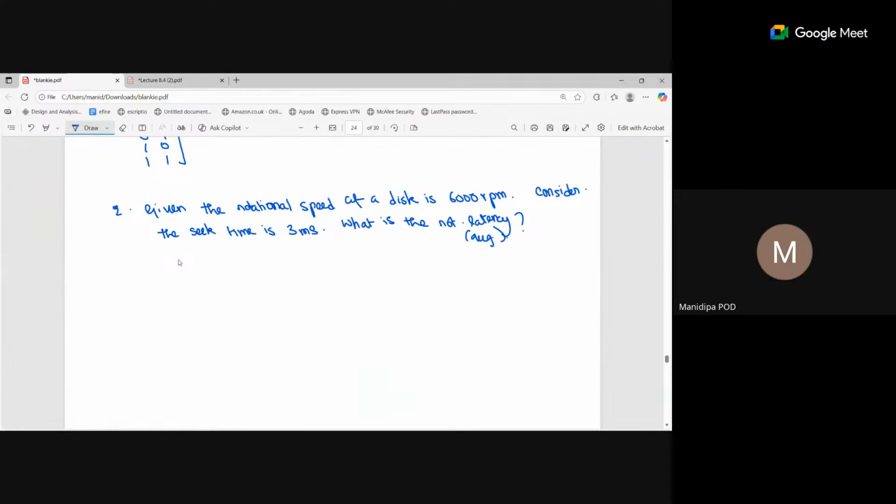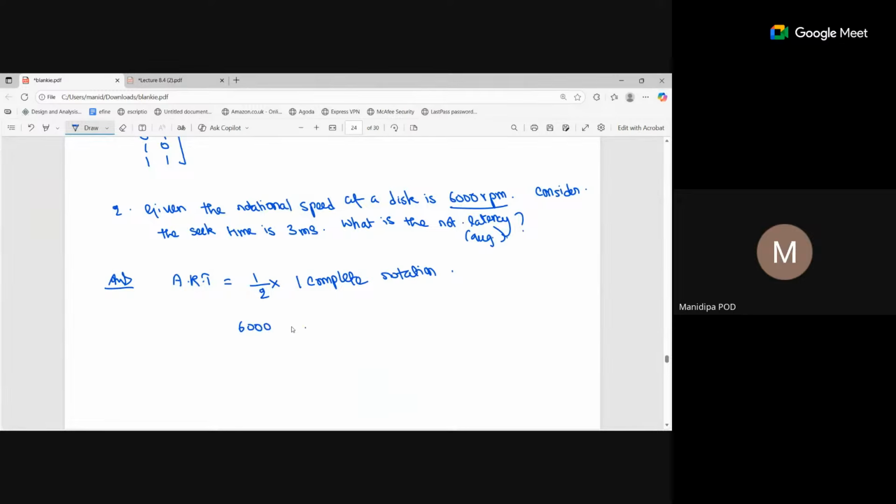Got it, anyone? Should I solve? See, first, average rotational latency formula is half into time for 1 rotation. 5 milliseconds is the answer. Yes, 5 milliseconds. Good. So 1 complete rotation: I have the rotational speed given as 6000 RPM.